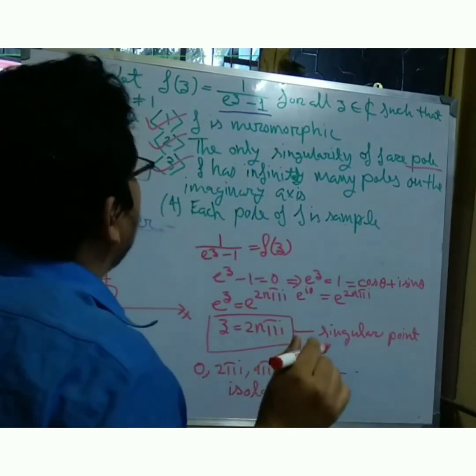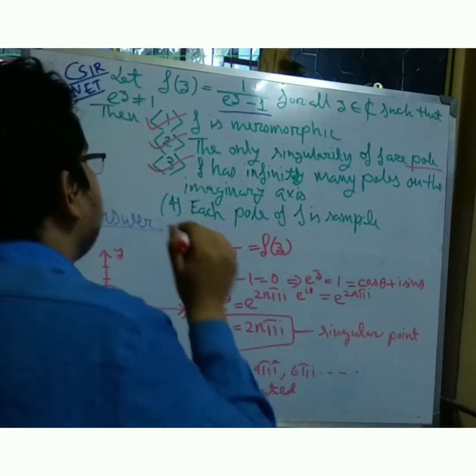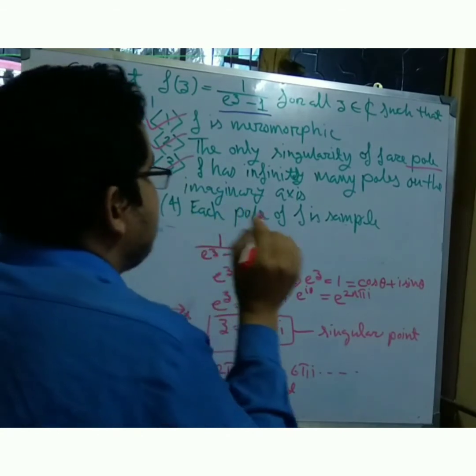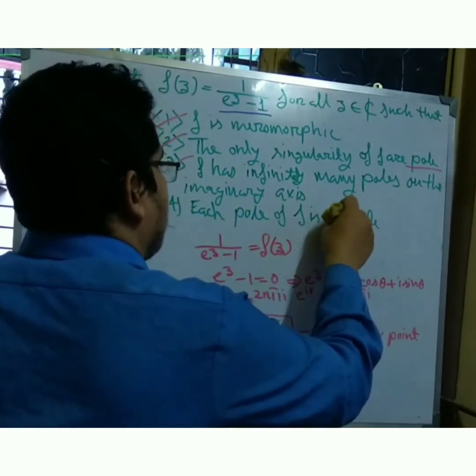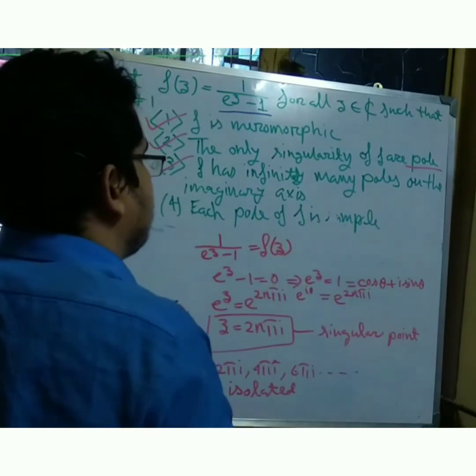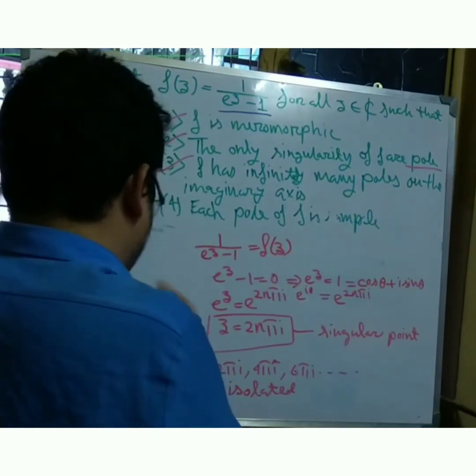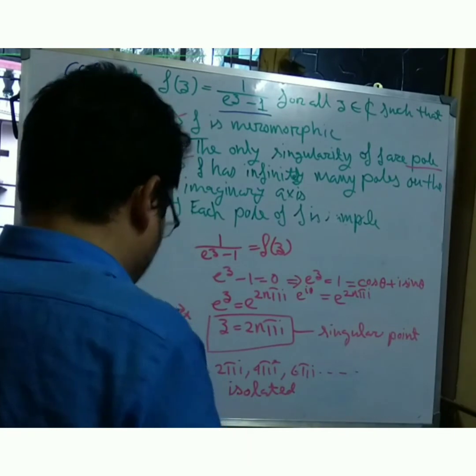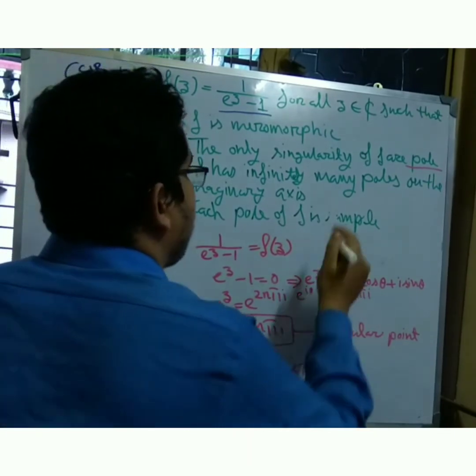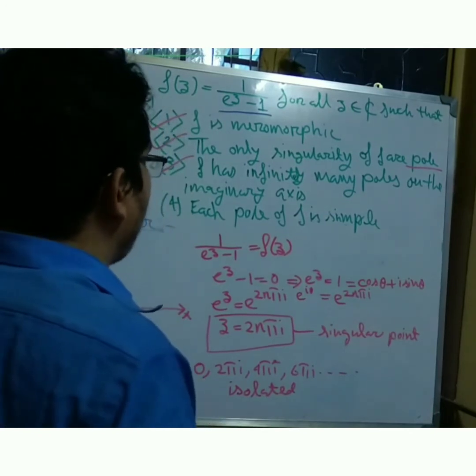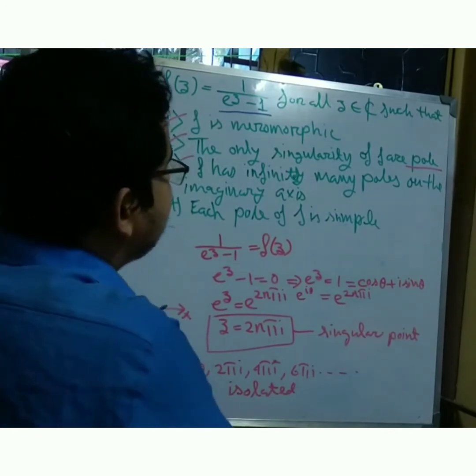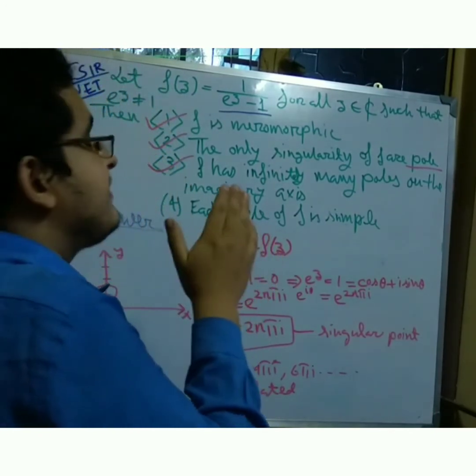And each pole of F is simple. Each pole of F is simple.